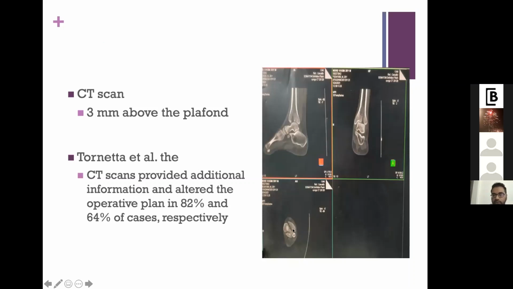So the role of CT scan definitely changes your plan of management. If you're thinking of conservative treatment, after a CT scan you might think of surgical management. The Turner et al. study has shown that after a CT scan, the operative plan, position, posture, everything changes once you do a CT scan and read it.